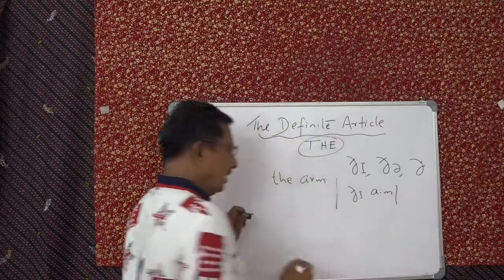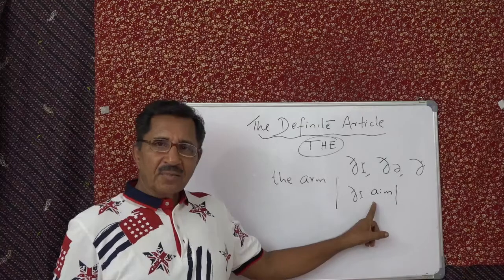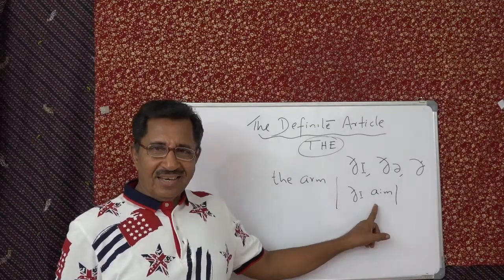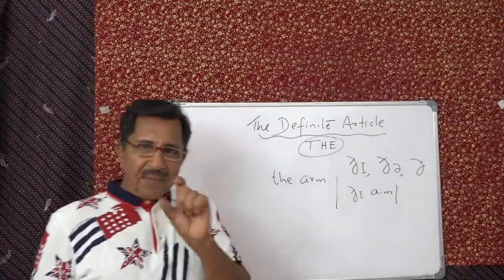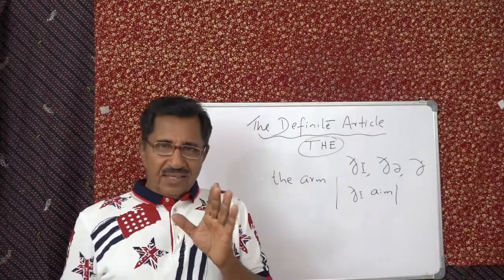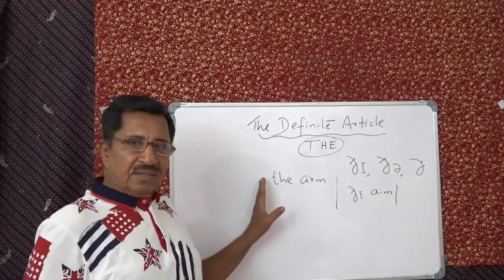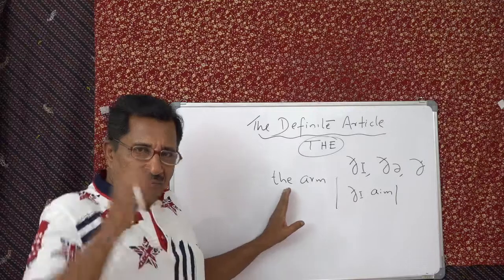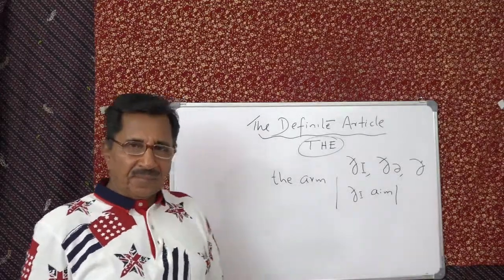See? Why? Because this word begins with a vowel. You understand? So if a word begins with a vowel, and just before that you are using T-H-E, then you have to pronounce it as the arm.